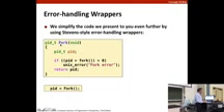This wrapper calls the original function, checks for errors, and then if there's no error, returns what the original function would have returned. So the behavior of the wrapper is identical to the wrapped function if there's no error. If there is an error, it deals with it and prints a message. This allows us to make our code really compact without violating the hard and fast rule that we have to check for errors.